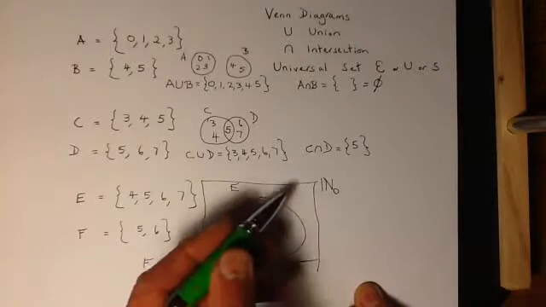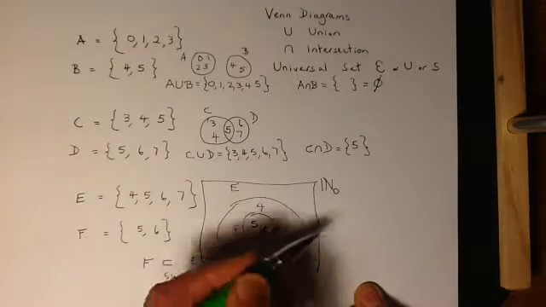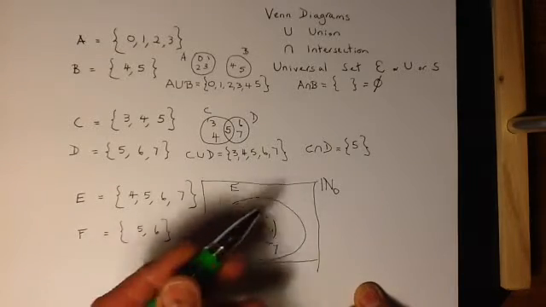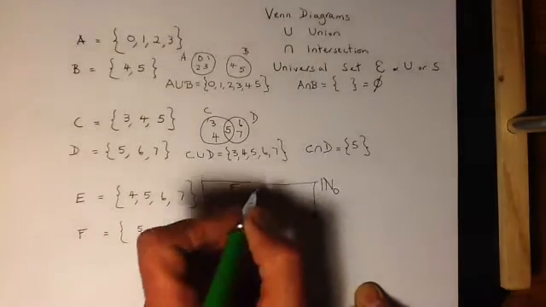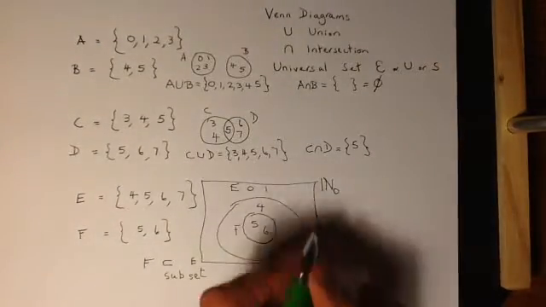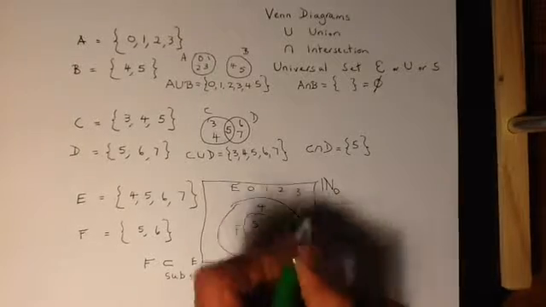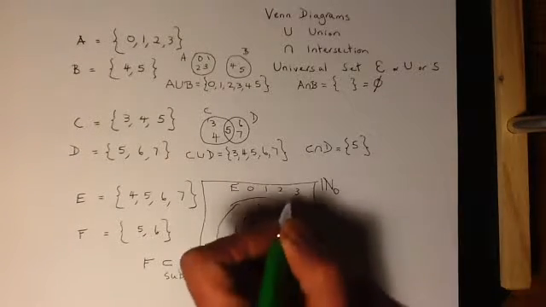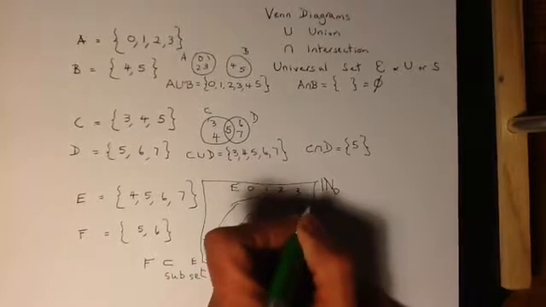So outside here will be all of the whole numbers which are not in E. So that'll be 0, 1, 2, 3, 4, 5, 6, 7, then 8, and so on and so on.